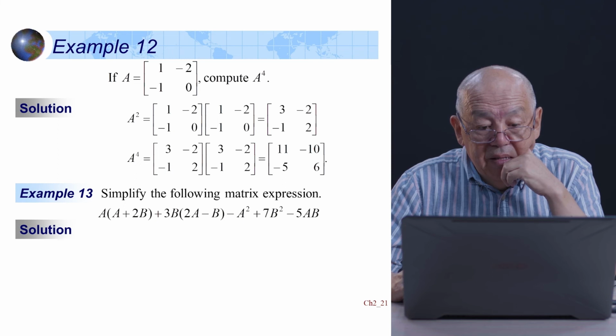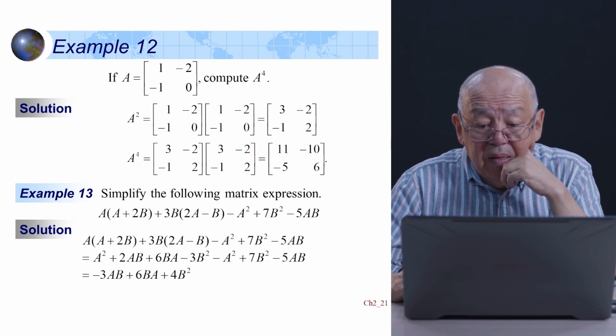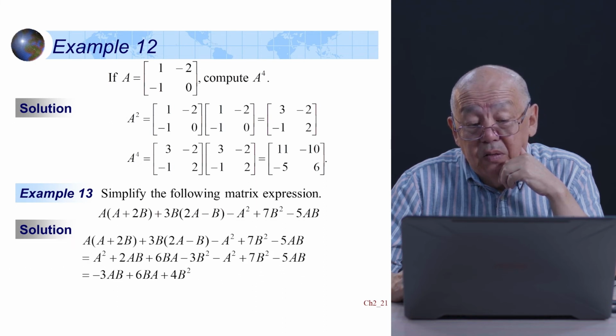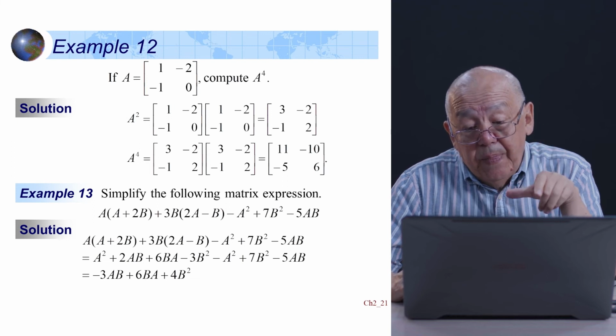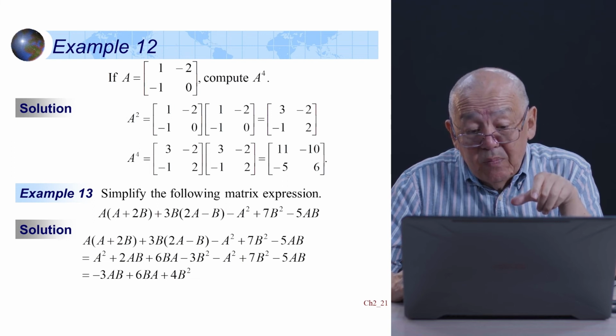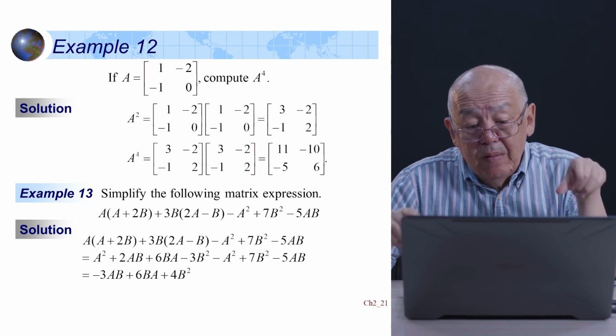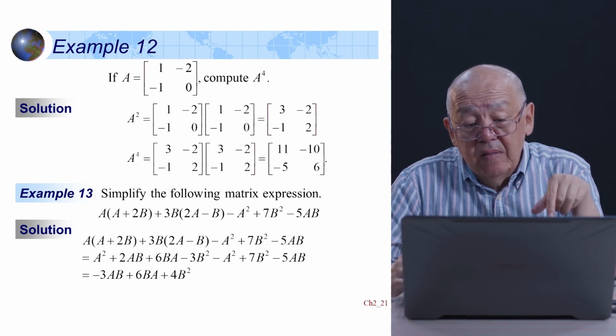So you expand the first product. It is A squared plus 2AB, and expand the next product, 3B times the expression in parentheses, 2A minus B.